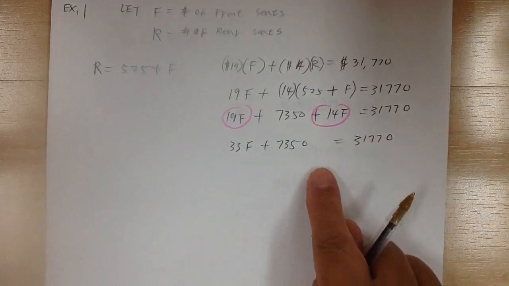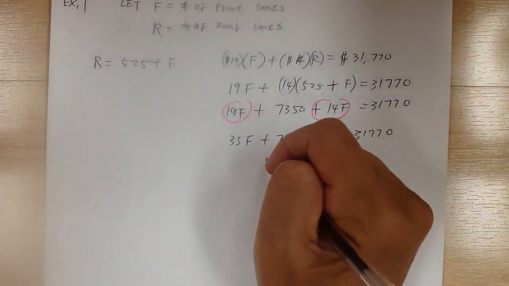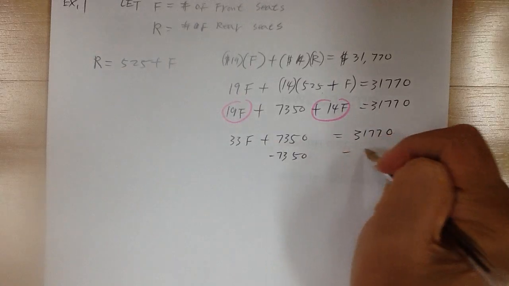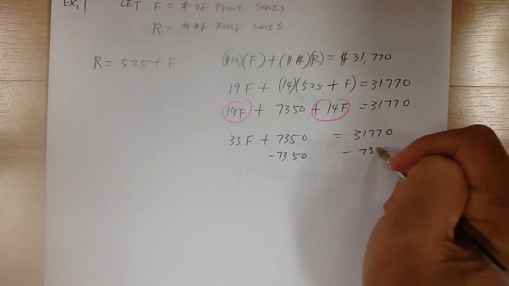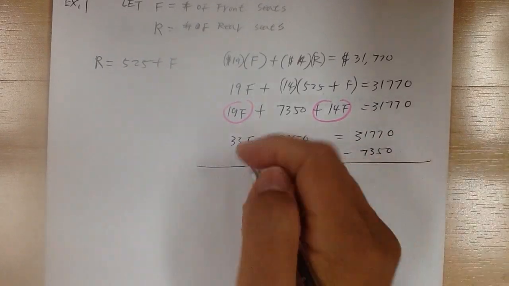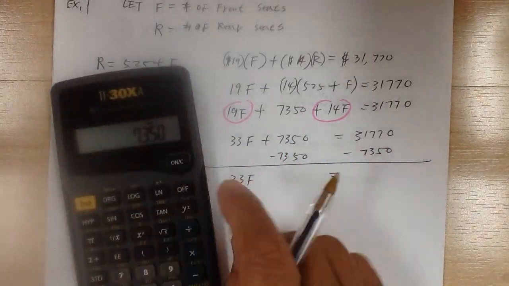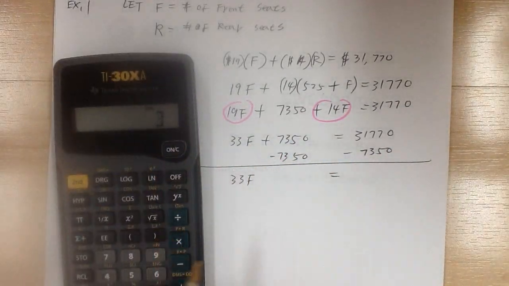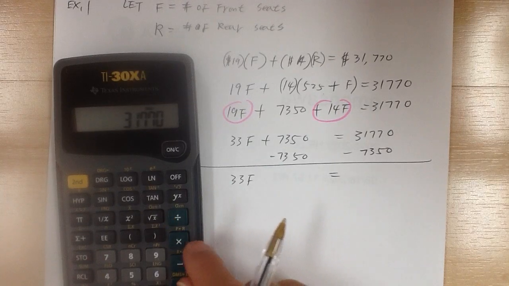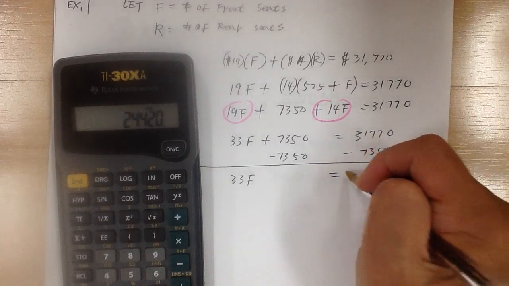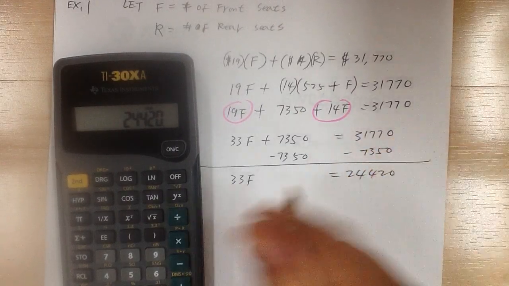Then after that, you want to solve for F, so minus 7350 on each side. So you get 33F equals, let's figure it out, 31770 minus 7350 equals 24420.